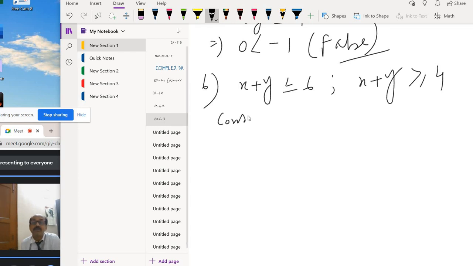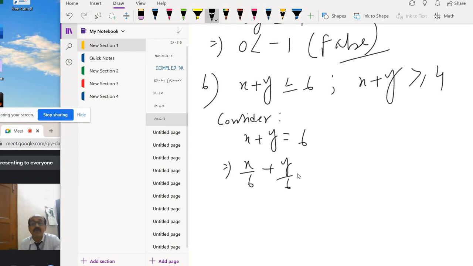Consider the equal sign. Take the equal sign, so x plus y equal to 6. Then we can write x by 6 plus y by 6 equal to 1.